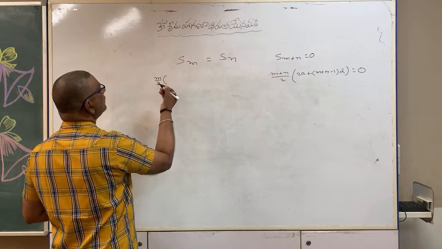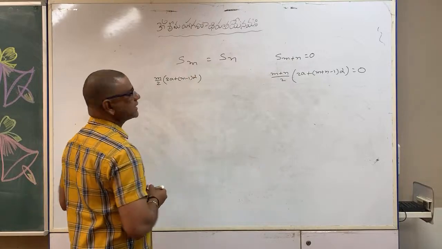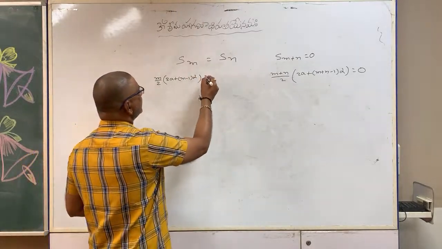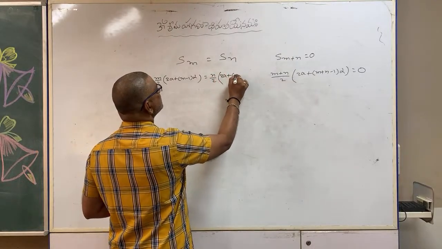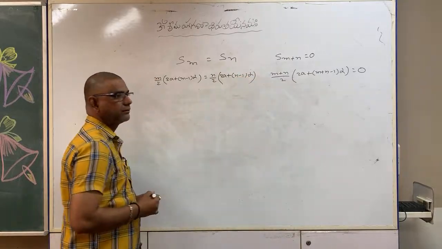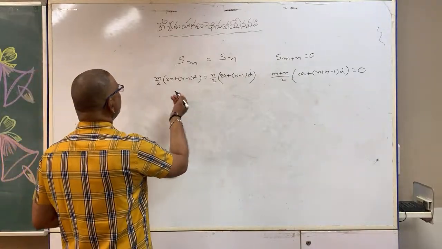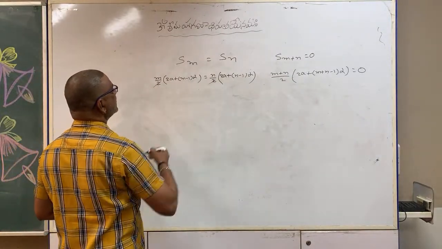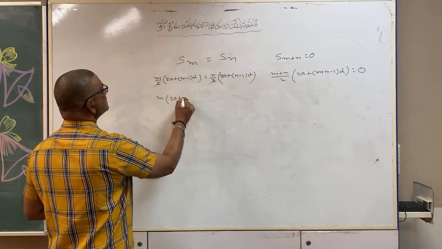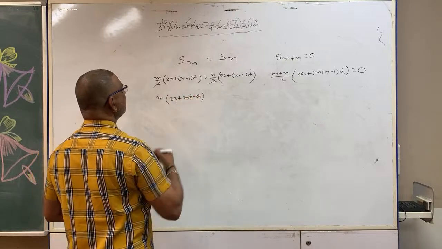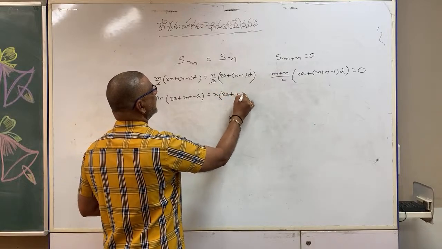Okay, now what is Sm? m/2 into (2a plus (m minus 1) into d). This is Sm. What is Sn? n/2 into (2a plus (n minus 1) into d). This is Sn. Okay, now if you simplify, the 2 and 2 get cancelled on both sides. m into (2a plus md minus d) is equal to n into (2a plus nd minus d).